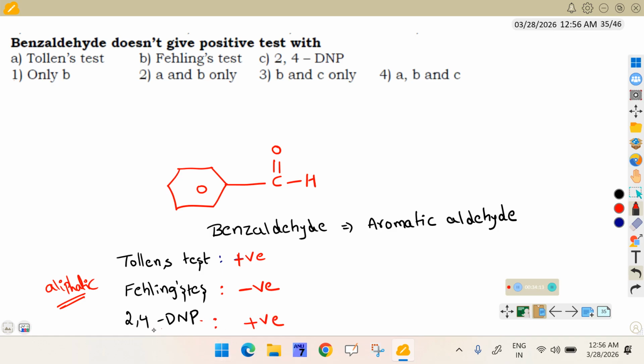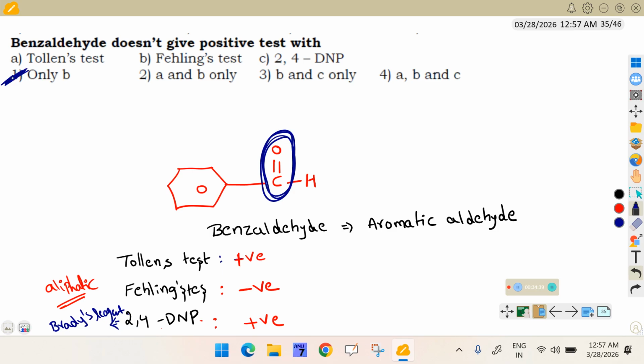What is the use of 2,4 DNP? Sometimes this is also called Brady's reagent. Yes, 2,4 DNP reacts with a carbonyl group. So only B.